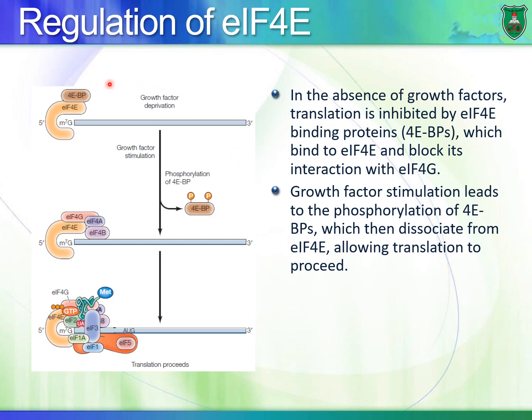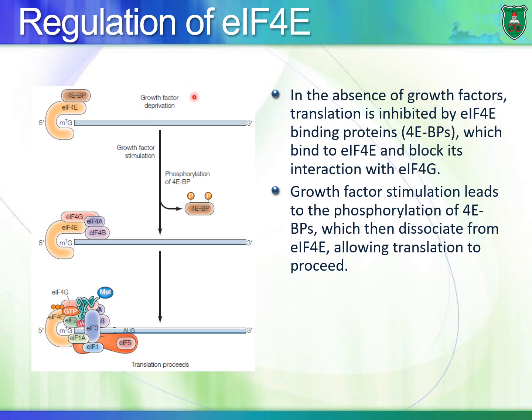Now, this protein binds to the initiation factor 4E, and it prevents the formation of this whole complex. Now, if there are growth factors surrounding cells, that is a signal that the environment is nourished, there are enough nutrients, the situation is suitable for cells to grow and synthesize proteins, everything looks good.